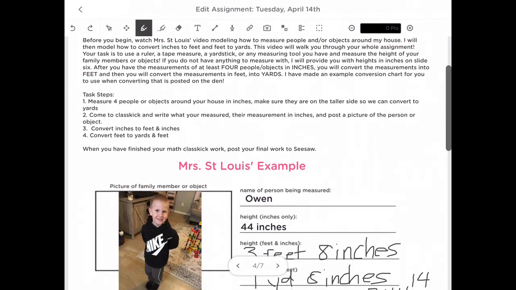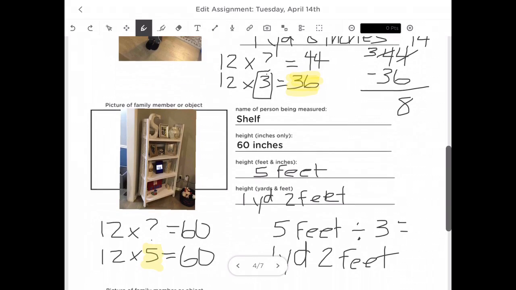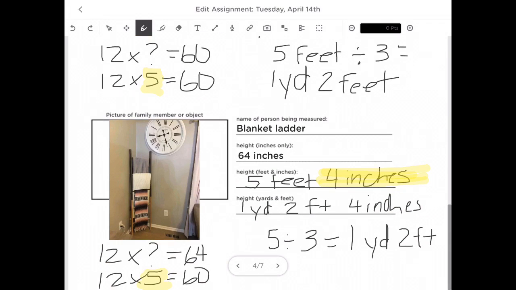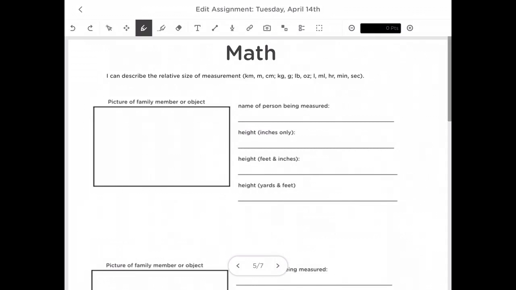Okay, so once you have watched my video and you look at the conversion chart that I have posted on the Den, it gives you steps, exactly the steps that I took here on Class Kick, of how to convert from inches to feet and then feet to yards. So your assignment will be on slide 5.